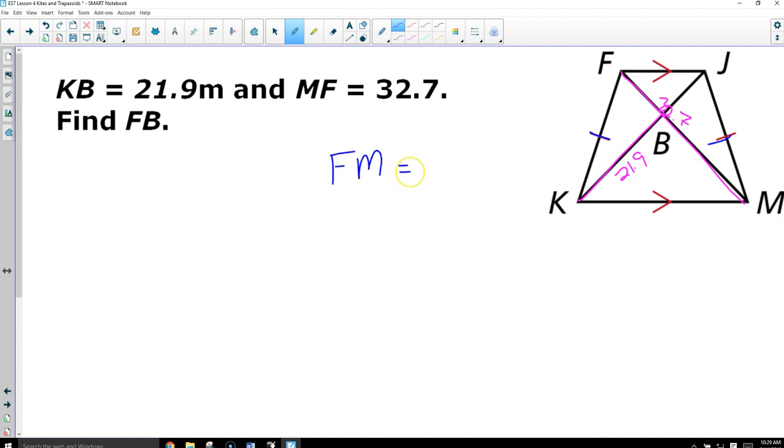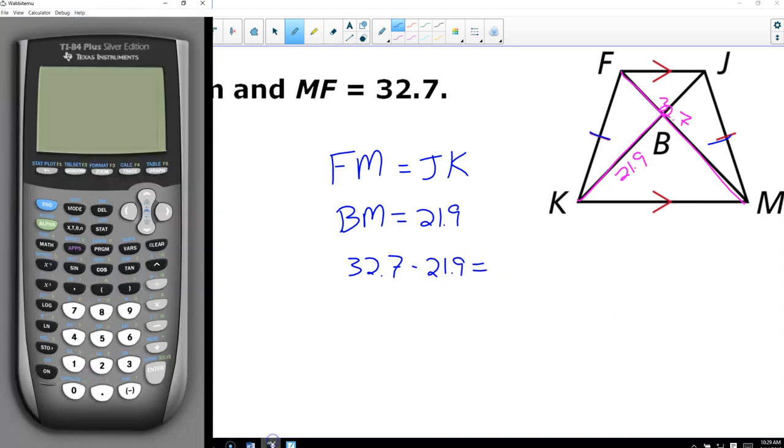So I know that FM is the same length as JK. So that means that BM would have to be a length of 21.9. So I'm just going to take 32.7 minus 21.9. Let's see. We'll do that on the calculator real quick. 32.7 minus 21.9 is 10.8.